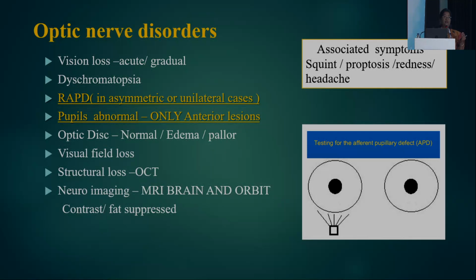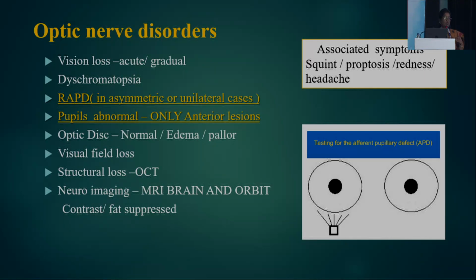When? When the visual pathway is involved in a retrochiasmal lesion. When beyond the LGB, your pupil fibers have gone apart. So beyond a LGB lesion, you may not end up seeing a relative afferent defect.